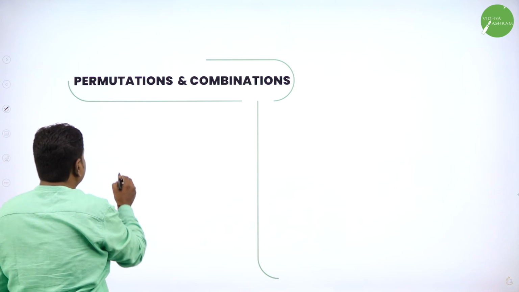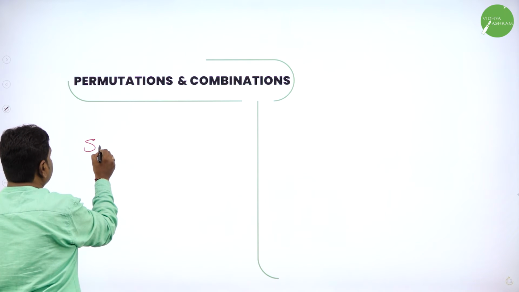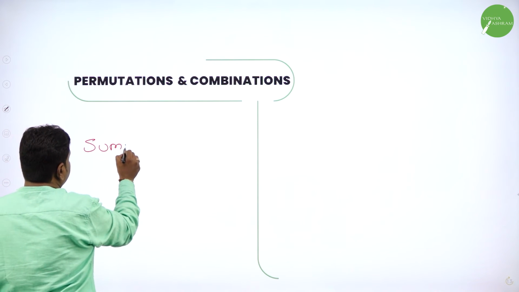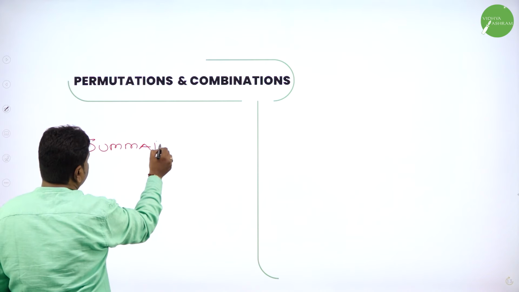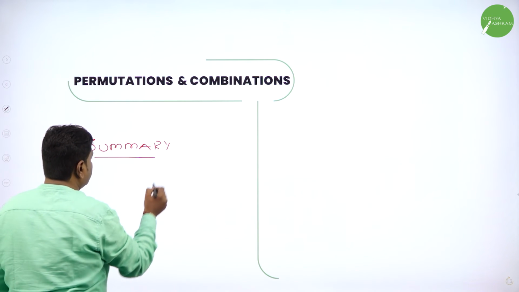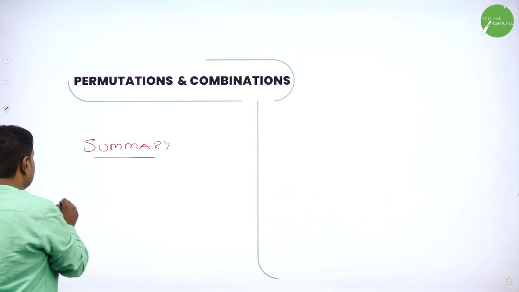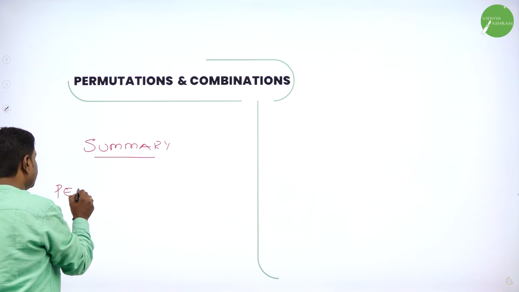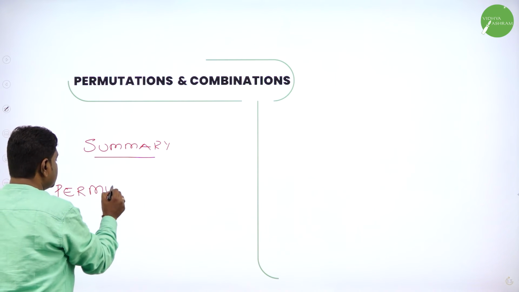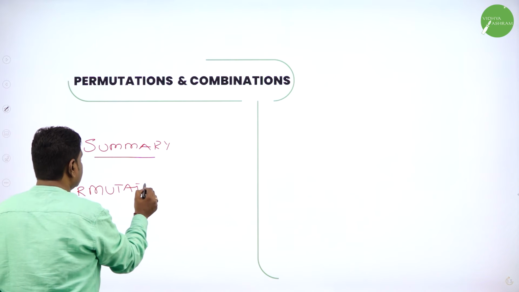Now let me summarize. See here, very interesting. This summary helps you a lot. Many problems we have done in permutation and combination. So what is permutation? Permutation means arrangement, arranging.